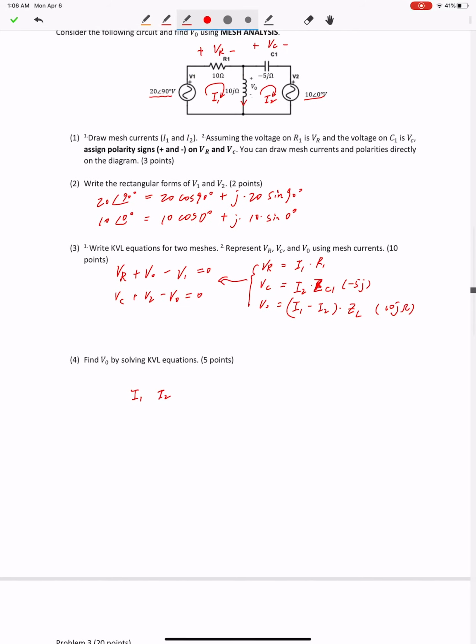Alright, so after you find I1 and I2, plug these two values back into V naught's expression, and you can find the value of V naught. Here, you can first do the calculation by hand, and if you know how to use MATLAB to solve these two equations, you can also use MATLAB to verify your result.